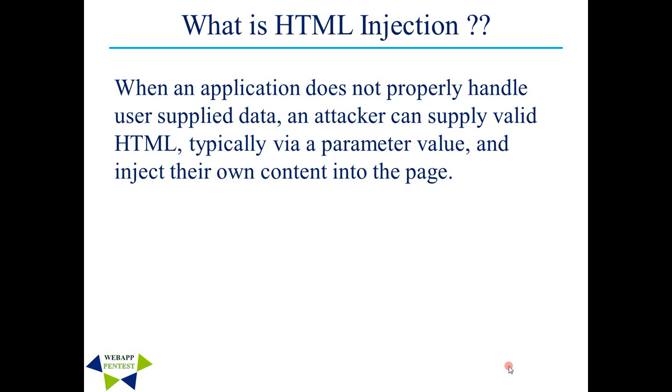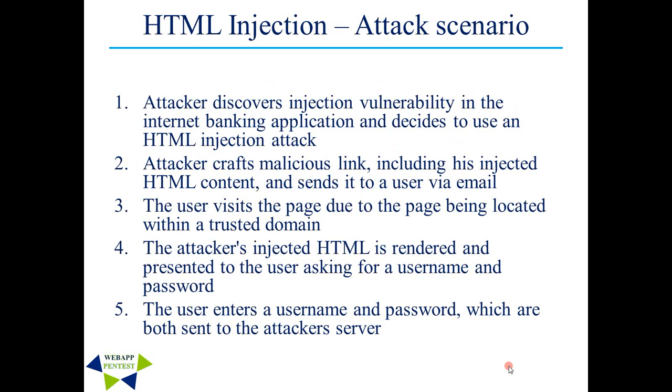Let's understand this with the help of the attack scenario in this slide. The attacker discovers an injection vulnerability in the internet banking application and decides to use the HTML injection attack. The attacker crafts a malicious link including his injected HTML content and sends it to the user via an email.